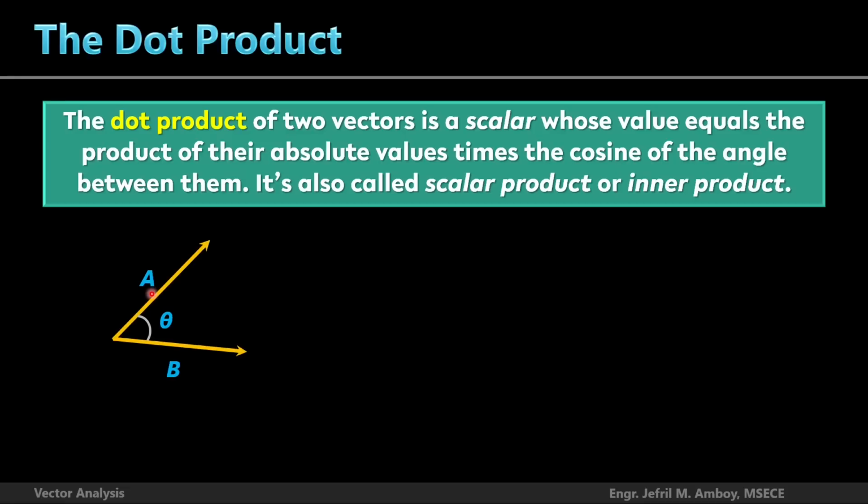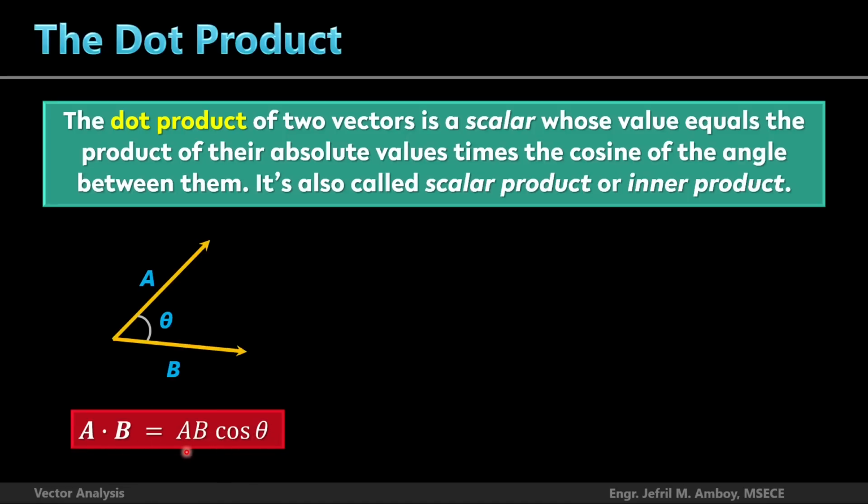Okay? So, we multiply the absolute value of A by the absolute value of B, times the cosine of the angle. So, absolute value of A times the absolute value of B times the cosine of theta. So, here it is. The dot product of vectors A and B is equal to AB cosine theta.